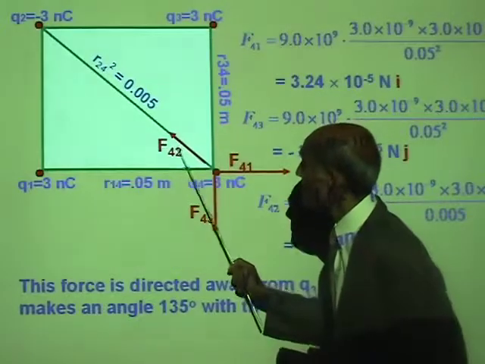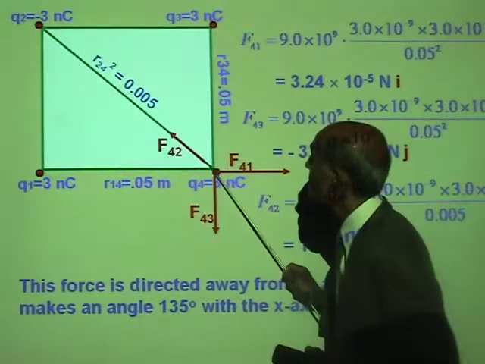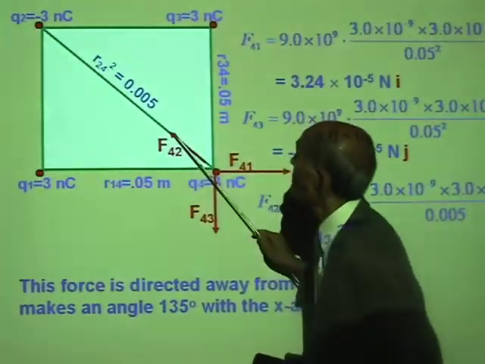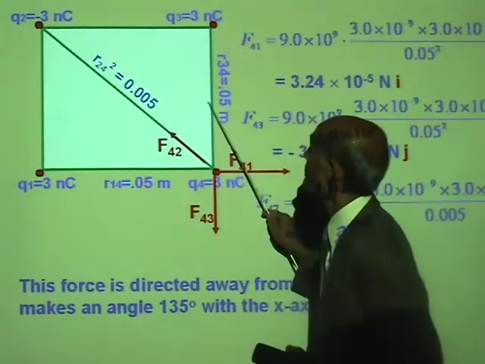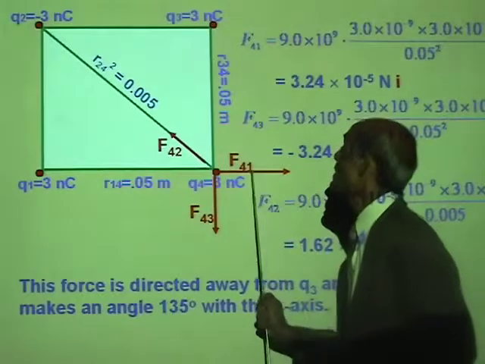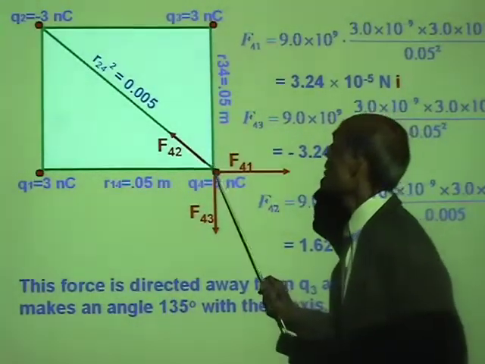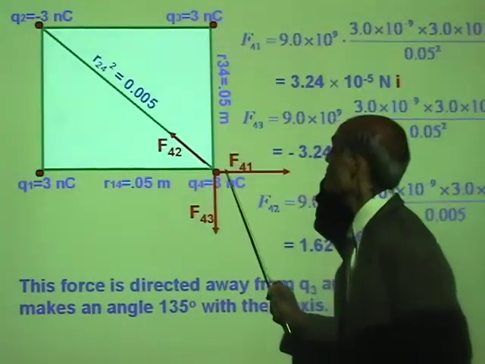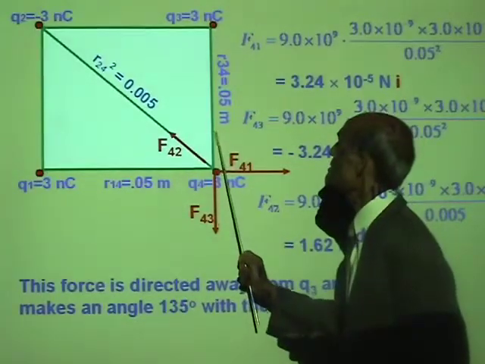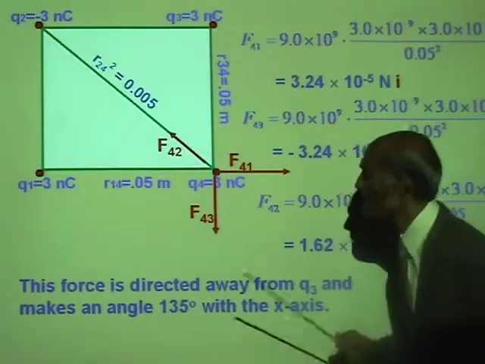That means this right angle, I hope you're following, is divided exactly into half by the diagonal. That means what is this angle? That angle is 45 degrees. And this angle is 90 degrees. The angle F42 makes with the positive x-axis is therefore 90 degrees plus 45 degrees is 135 degrees.